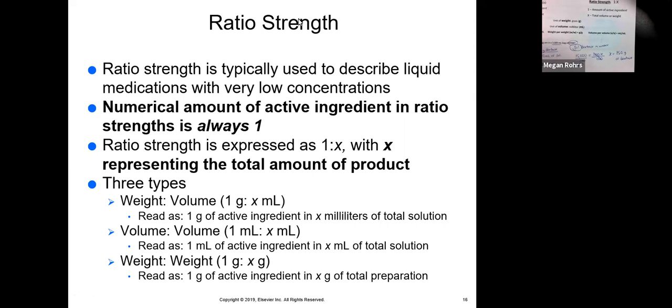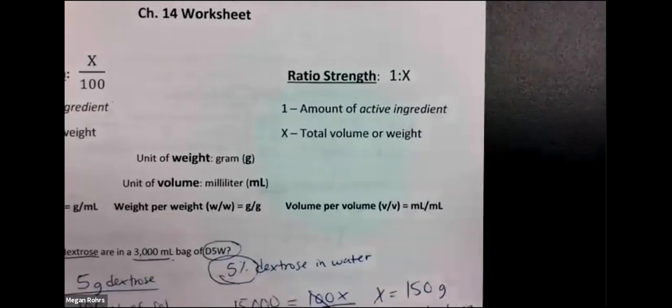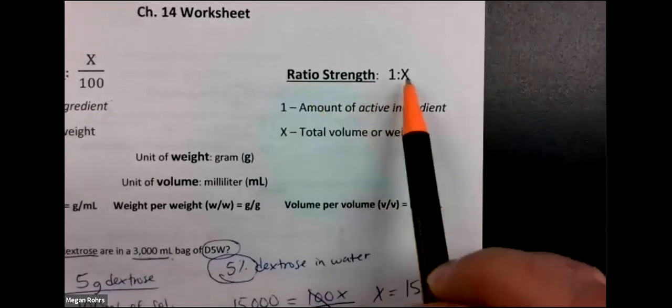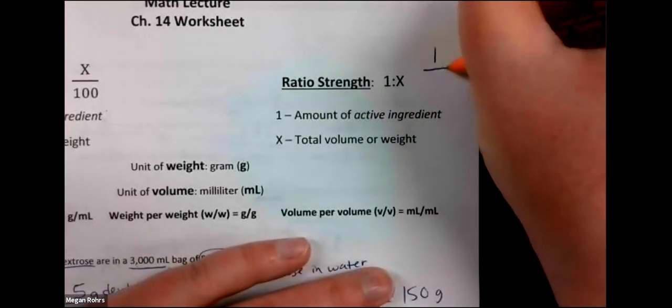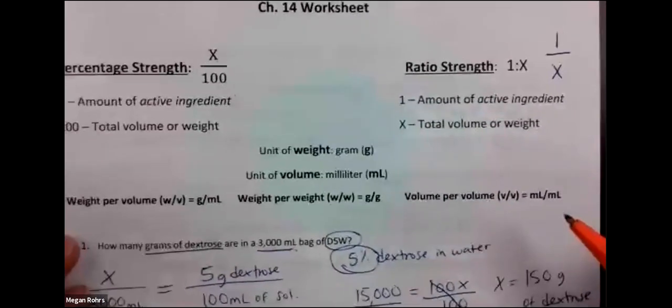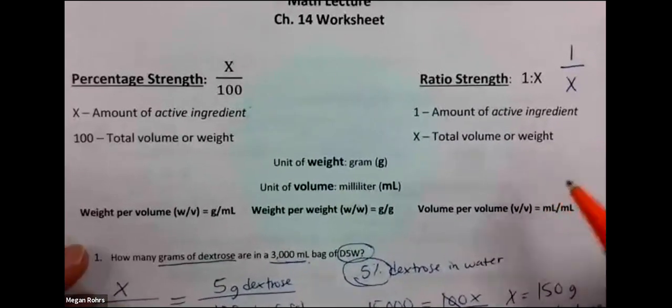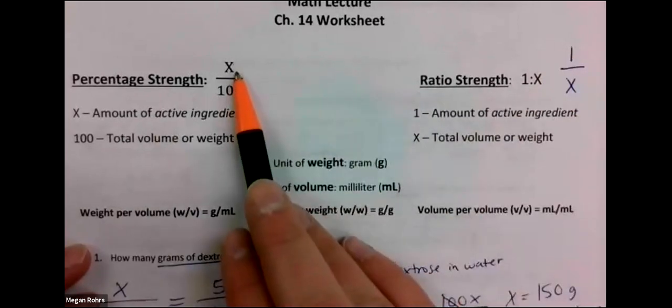So let's take a look here at some examples. So once again, ratio strength is always 1 to x, or in this case, if you write it as a fraction, 1 over x. Now, very similar to percentage strength because we still have our active ingredient on the top.